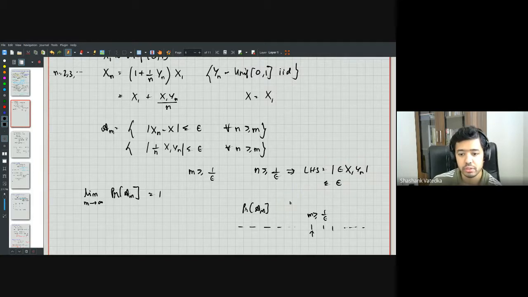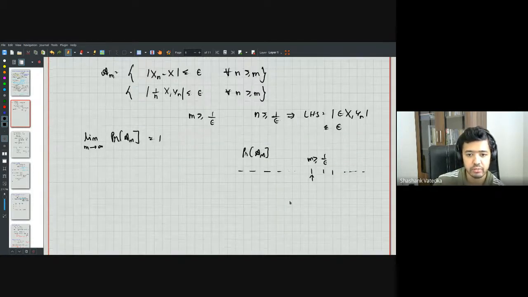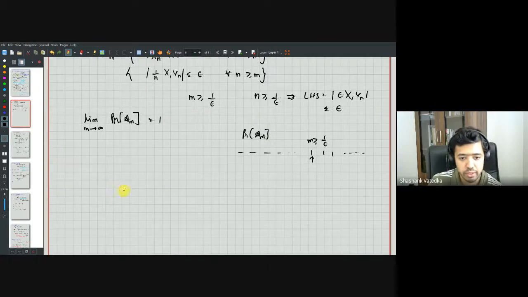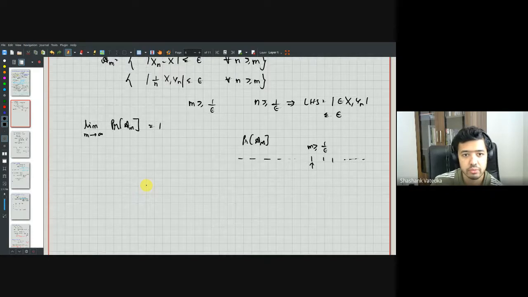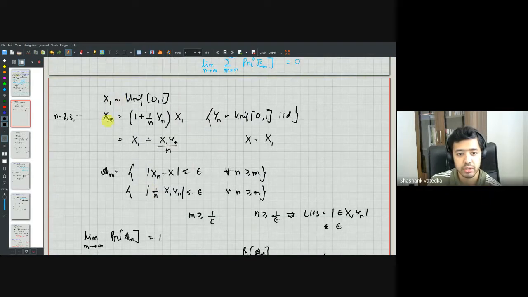If you look at the sequence of random variables, it could behave weirdly. It doesn't matter. So this is how I defined xn. Maybe x1 is 0.4, let us say.